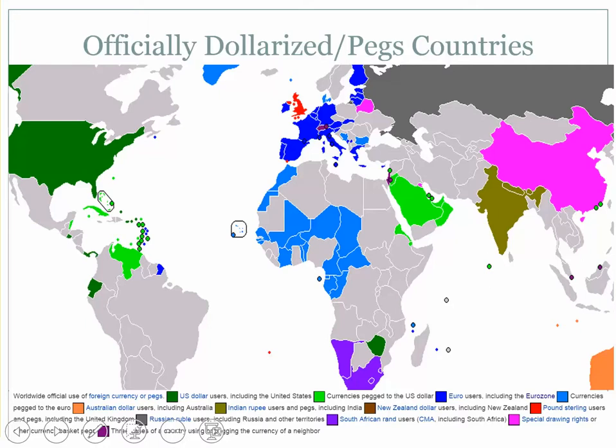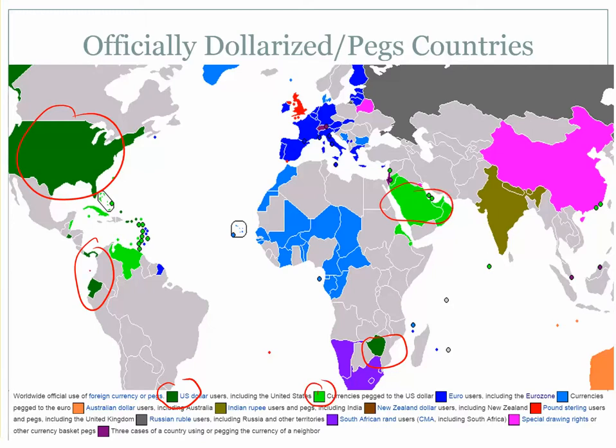Here's just a picture of some of the dollarized or euroized countries. So US dollar users, besides the US, are little parts of Central South America, Africa. You also have currencies that are pegged to the dollar, Saudis, it's like Venezuela.